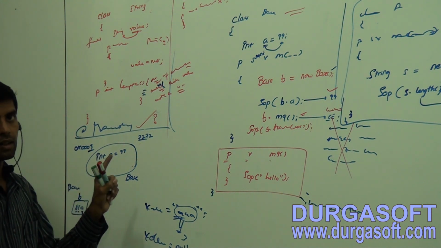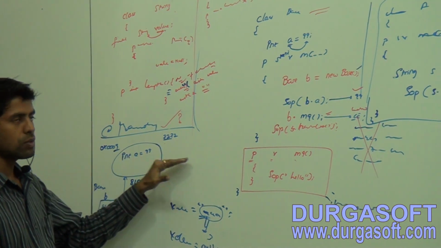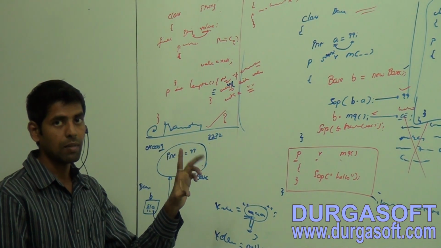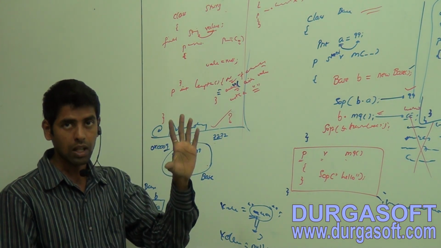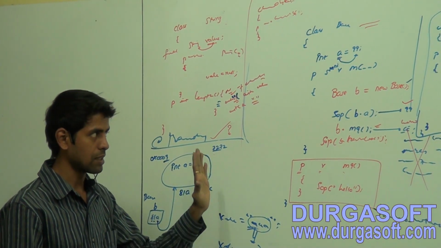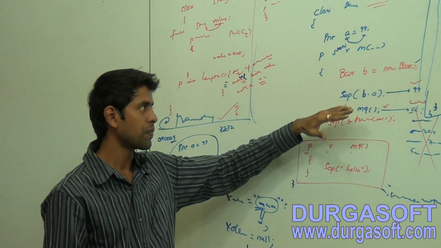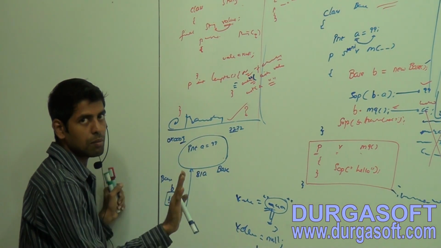But other than this one, JVM will do some other extra work. Okay, we will understand what that is. Observe here. Okay, now b dot a, now no compile time error.